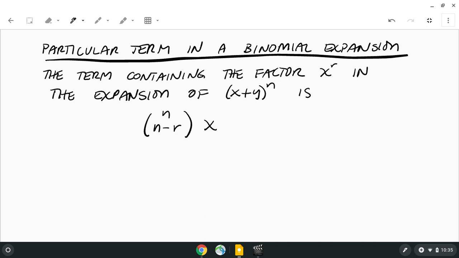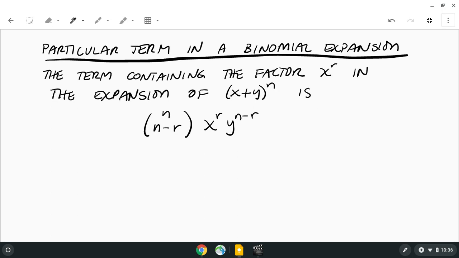Whatever that first term is, we'll just call it x, to the r, y. Again, y just represents that second term. That second term could be 3b. We would have to plug in 3b there for that y, to the n minus r. So again, make sure your n's and your r's are clear.